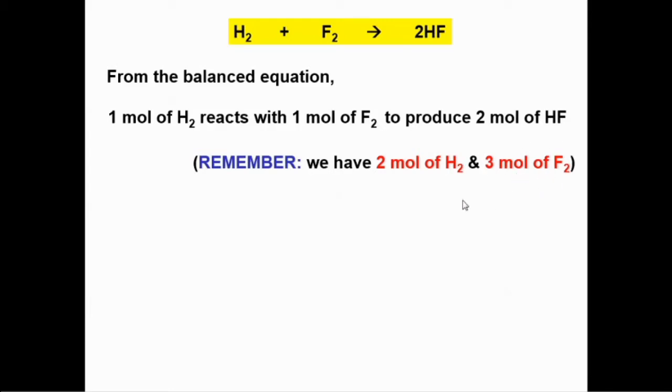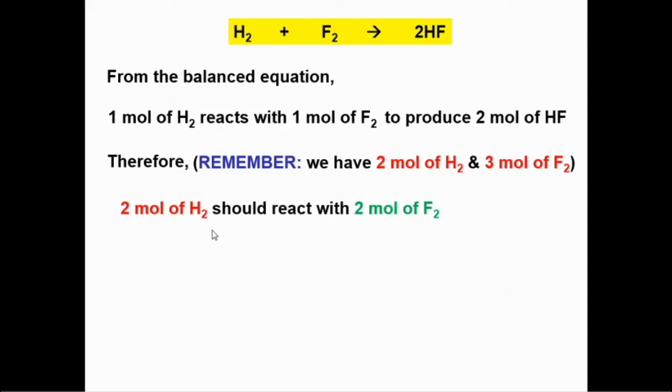In this case, you have the option to start with hydrogen or with fluorine. Let's say I'm going to start with the moles of hydrogen. If we have 2 moles of hydrogen, remember 1 mole of hydrogen should react with 1 mole of fluorine, so 2 moles of hydrogen should react with 2 moles of fluorine.